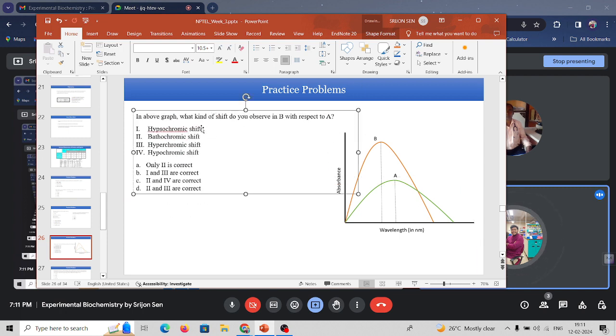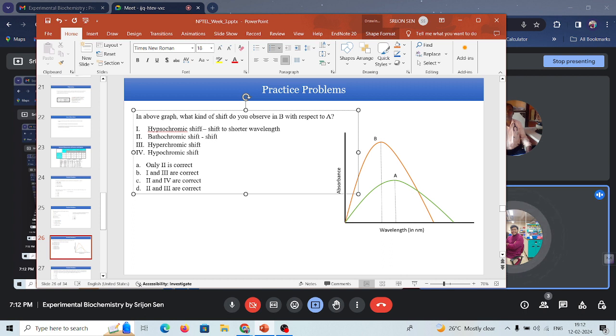So what is hypsochromic shift? Hypsochromic shift is a shift to a shorter wavelength.